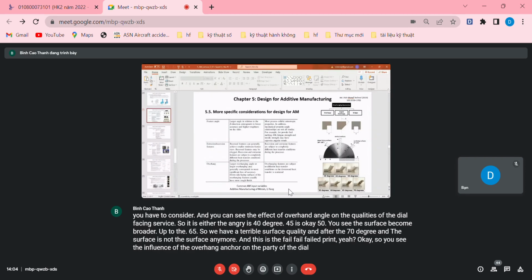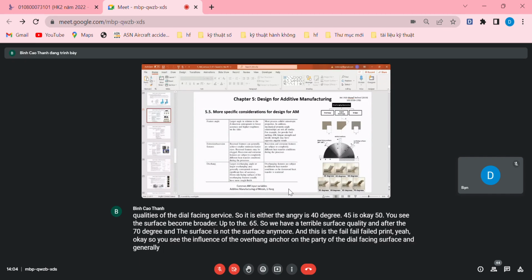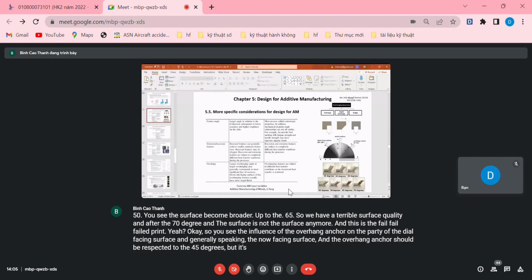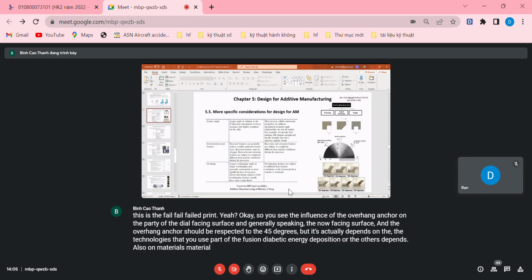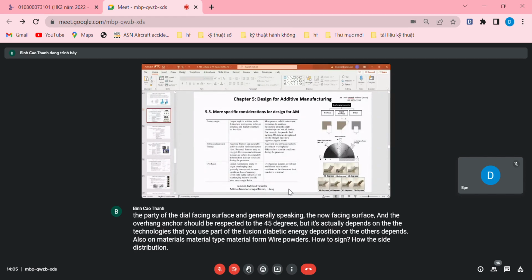So you see the influence of the overhang angle on the quality of the down-facing surface. Generally speaking, for the down-facing surface, the overhang angle should be restricted to 45 degrees, but it actually depends on the technologies that you use: powder bed fusion, direct energy deposition, or others. It depends also on material type, material form, wire or powders, powder size, distribution, and powder shape as well.